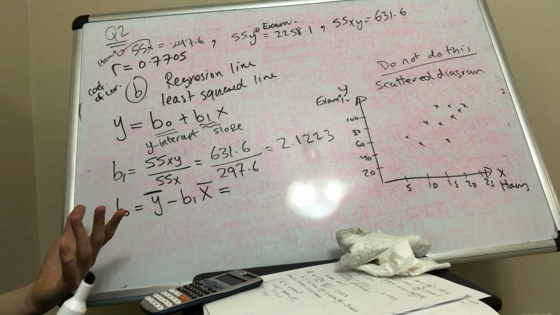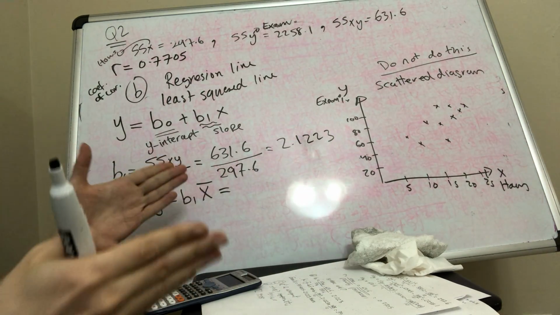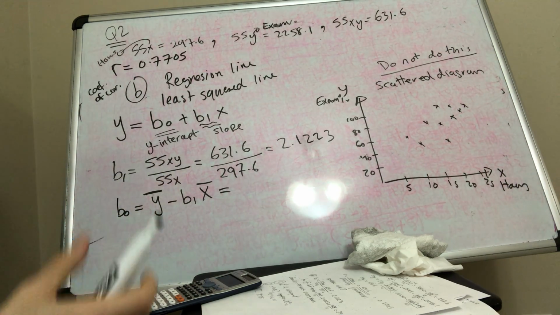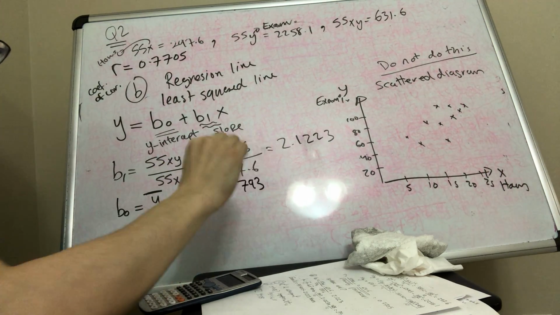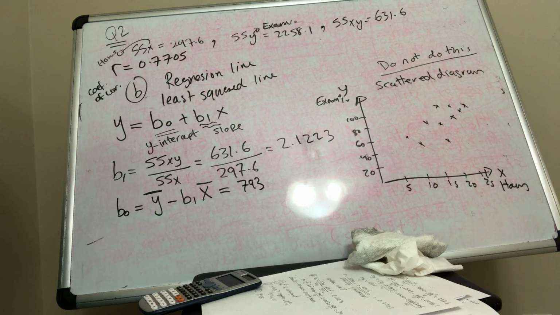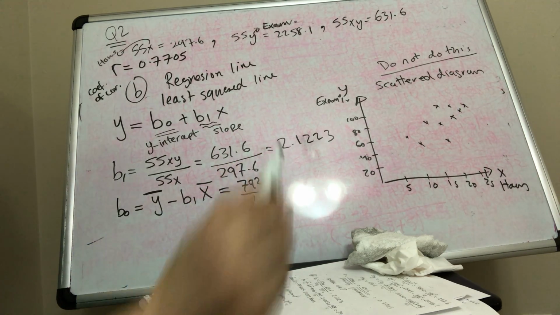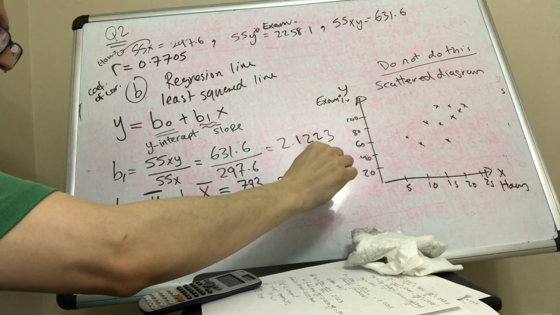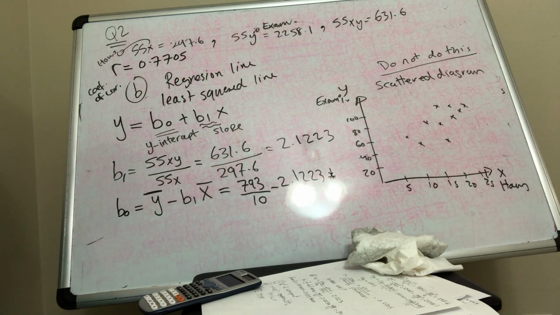Average of y, we remember average, you add them all up, divide by the number. I added them up. Adding the y's together, the exam percentages together, they add to 793. You divide by 10 students to get the average. The slope, average x, you add the numbers for x. We did this earlier.